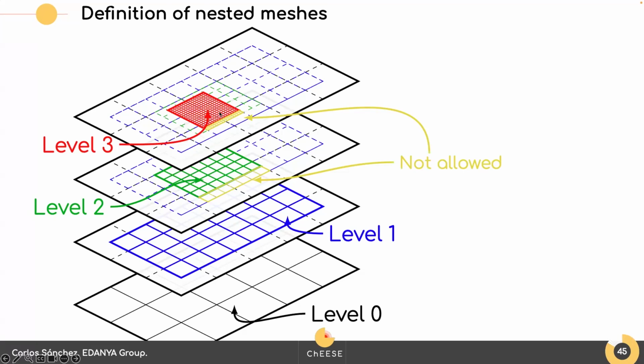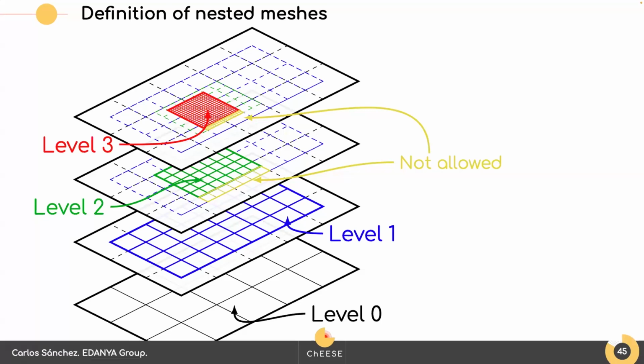So the cells here in yellow are not allowed because the edges of the extension of the domain coincide with the previous one. These cells in yellow are not allowed because the edges from one level to another are in the same place.